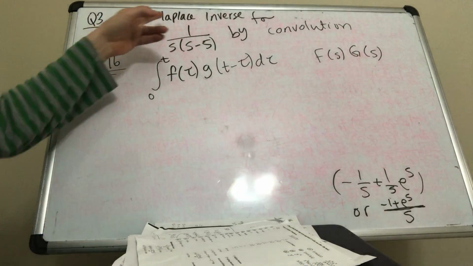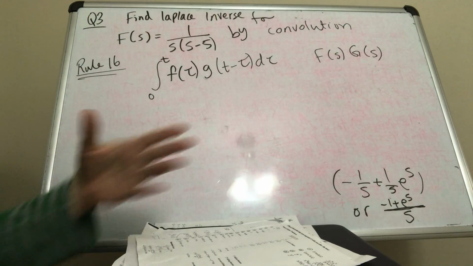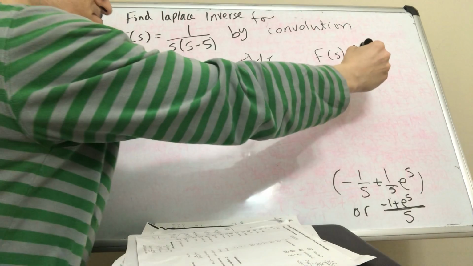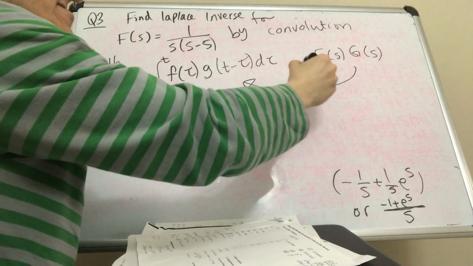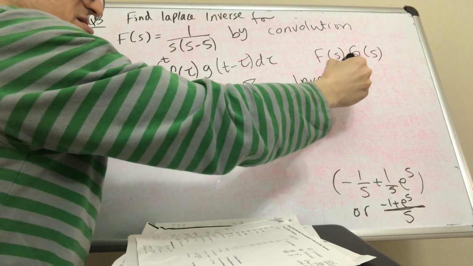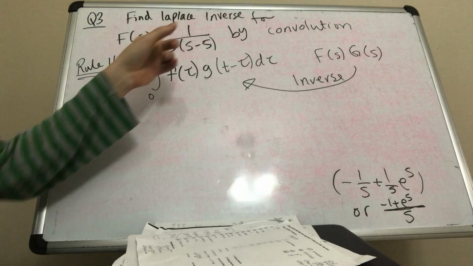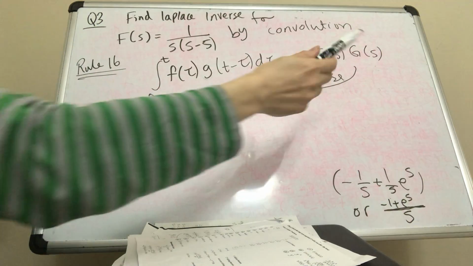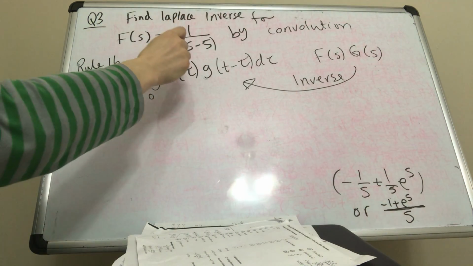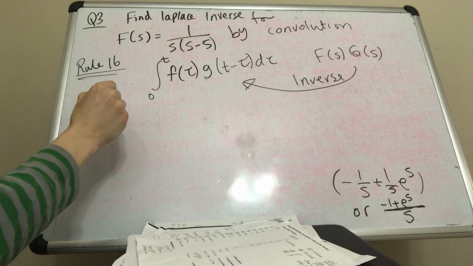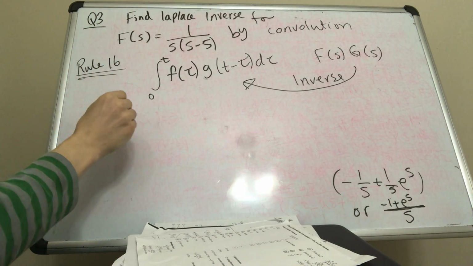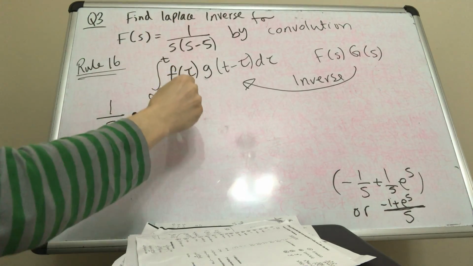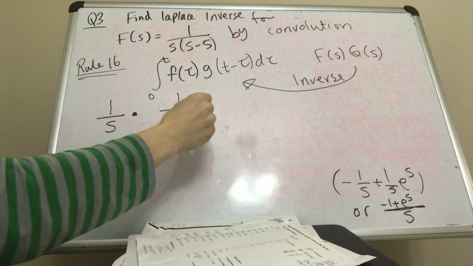Now remember, we're doing inverse, so we need to go from here to here. I have it in terms of s, but I have to make it the product of two groups. So that would be 1 over s and 1 over s minus 5.